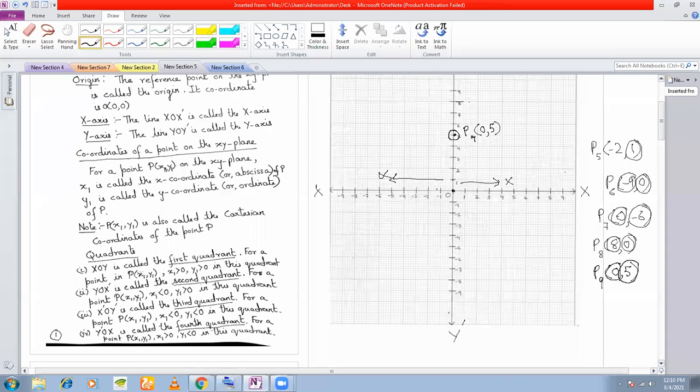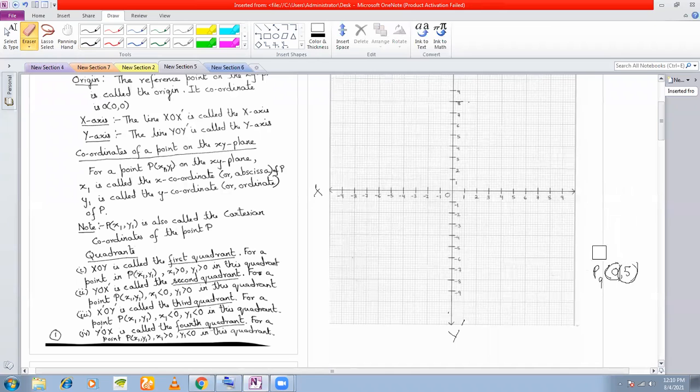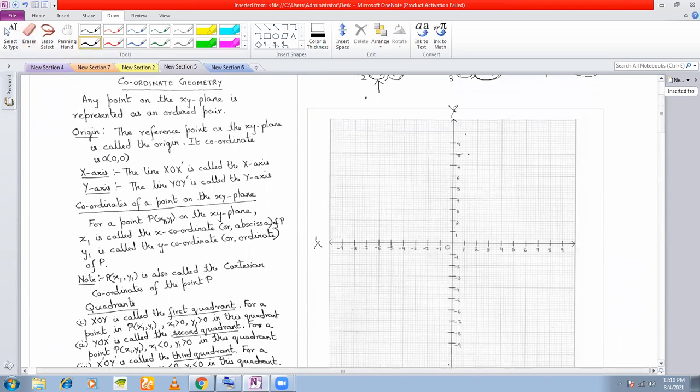Now, a very interesting observation. Once you have plotted the points, there are certain observations that you must see and remember. Any point that you take on this side, you will see that the x coordinate is positive and the y coordinate is also positive, right?